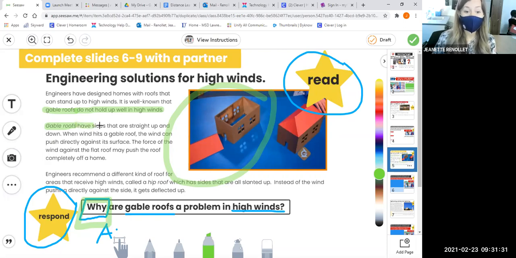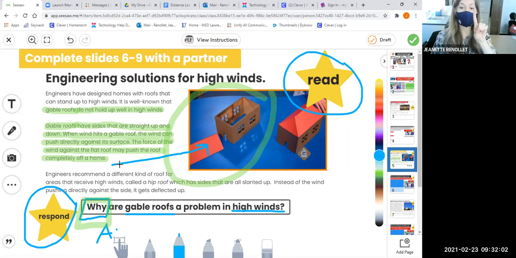Okay, this paragraph told me that a gable roof has sides that go straight up and down, and that the wind will push into the home. And that last sentence is really important. The force of the wind may push the roof completely off a home, just like this picture is demonstrating.